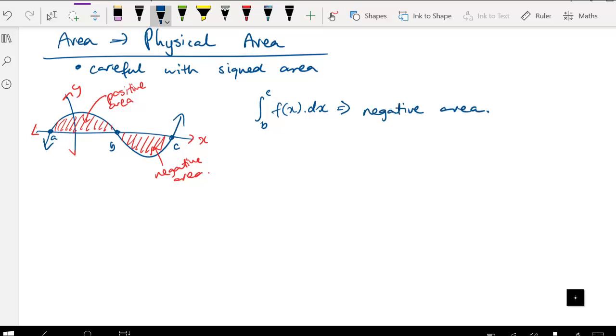To make that positive, we can flip the limits, so making it the integral from B to C of f of x with respect to x. We can subtract it, so instead of adding it, we can say this is negative the integral from C to B of f of x with respect to x, or we can use the absolute value.